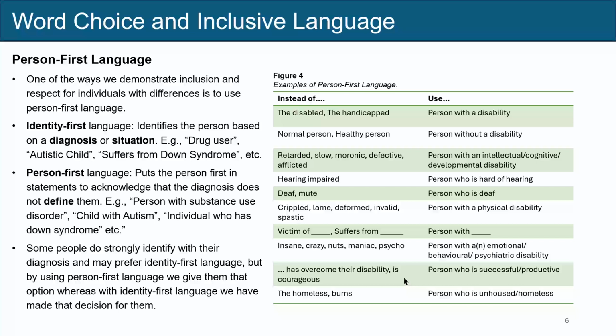It doesn't mean that they have overcome anything. They are just doing that to educate other people for understanding. So we have to be very careful about minimizing the existence of others who don't have the qualities or characteristics we might associate with normal.